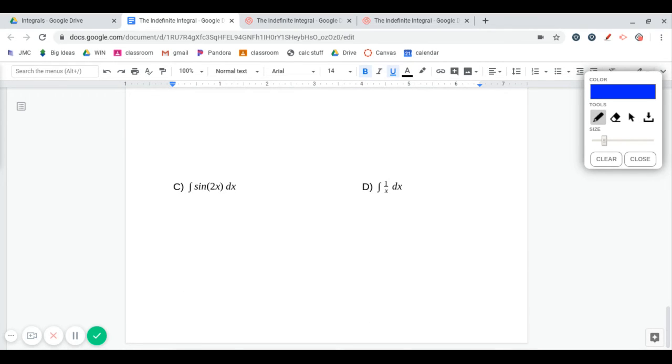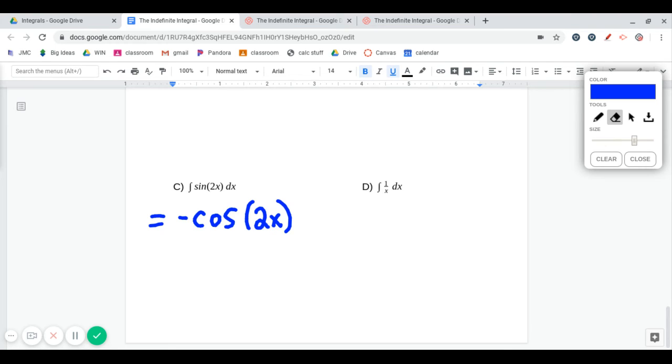Next up, let's integrate sine of 2x. What can I derive to get sine? That'll be a negative cosine, because remember the derivative of cosine is negative sine, so to cancel out those negatives, we need to add a negative out front. So it's going to be negative cosine of 2x. But when I take the derivative of this, I'm going to use the chain rule and end up multiplying by this 2 here.